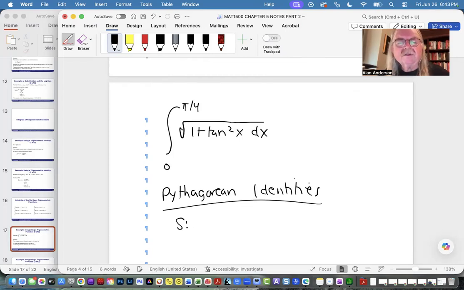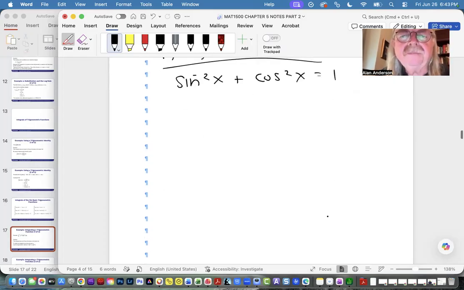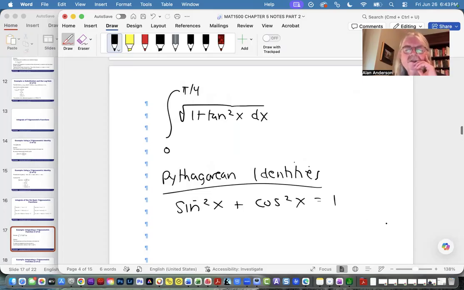The first one is always sine squared x plus cosine squared x equals 1. Now, there's actually two other equivalent ones that you can create from here.